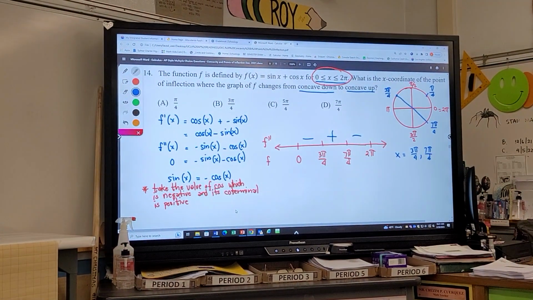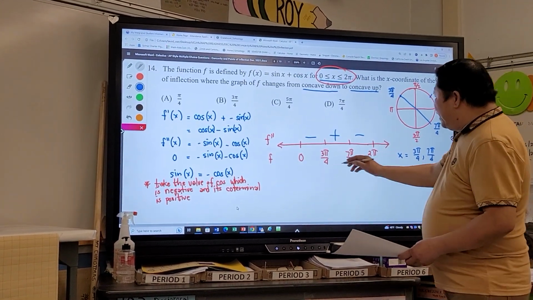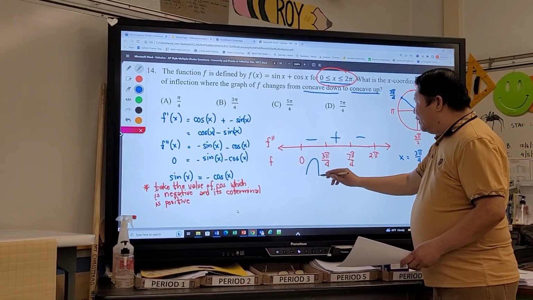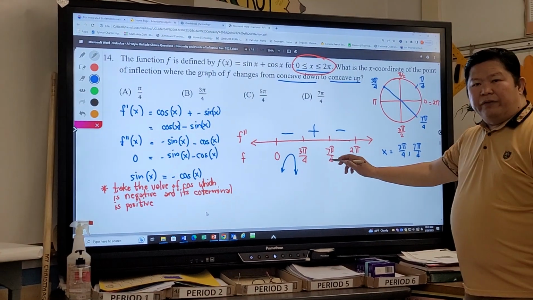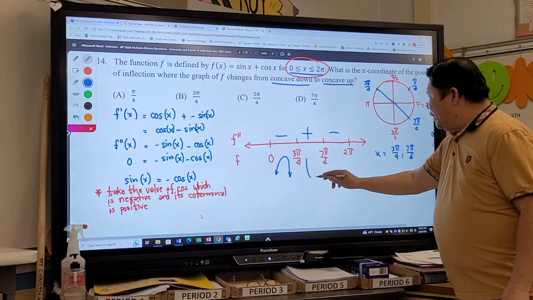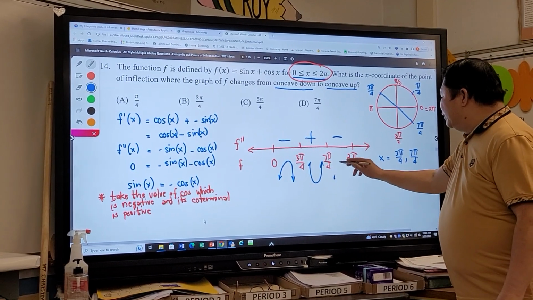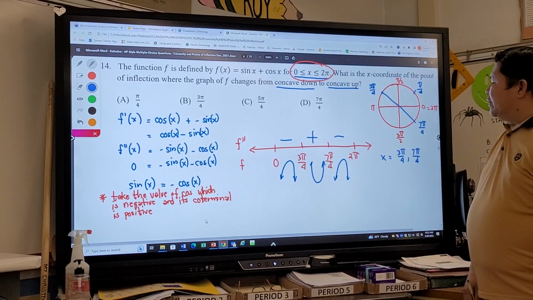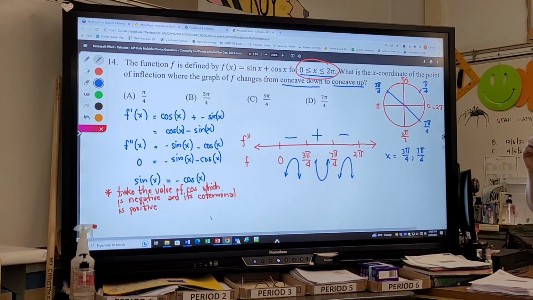So therefore, what is our conclusion? What is the concavity here? Concavity is down. How about this one? It's going to be up, and it's going to be down right here. Back to the question: concave down to concave up.